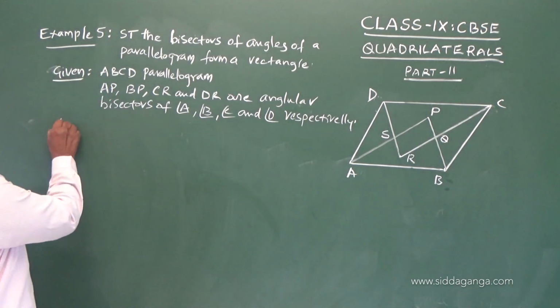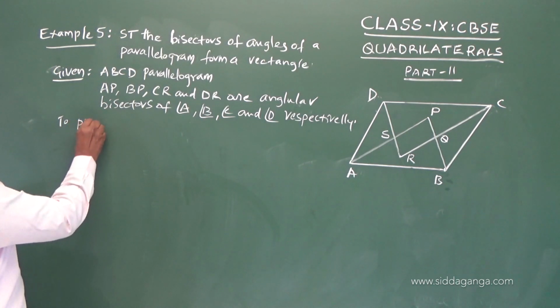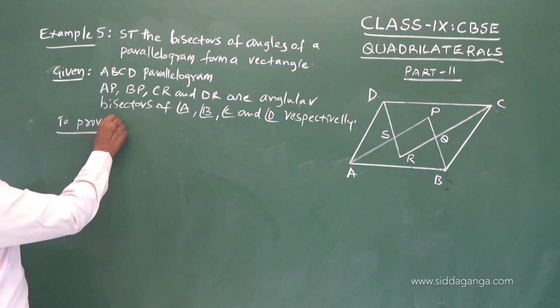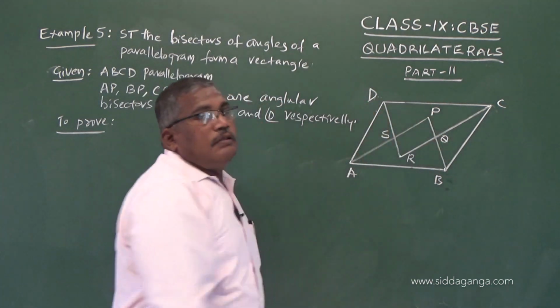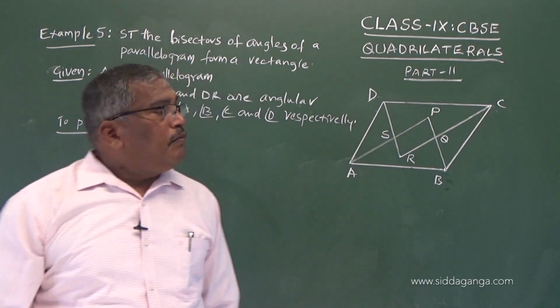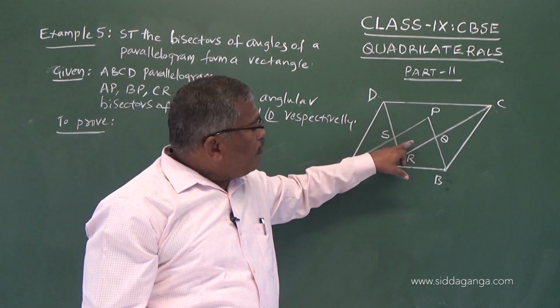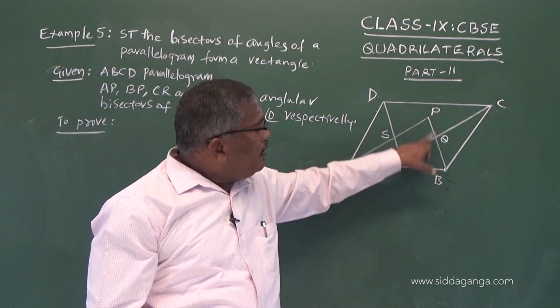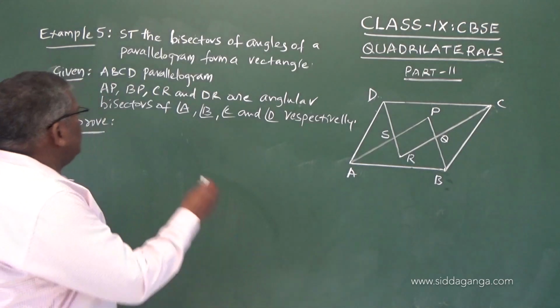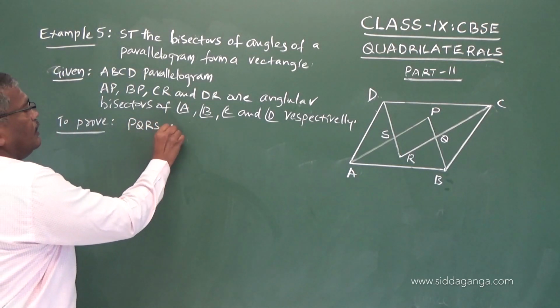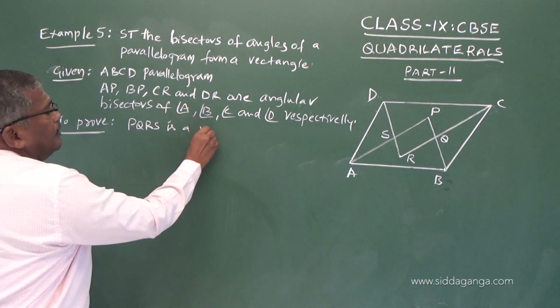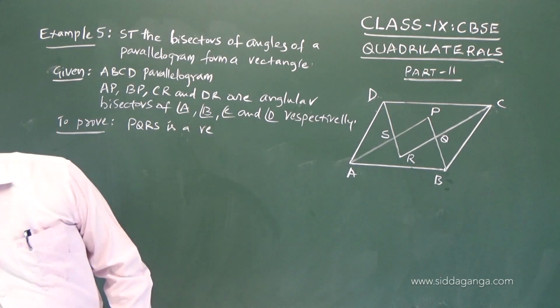Now to prove: PQRS, the closed figure formed by the intersection of the angular bisectors, is a rectangle.